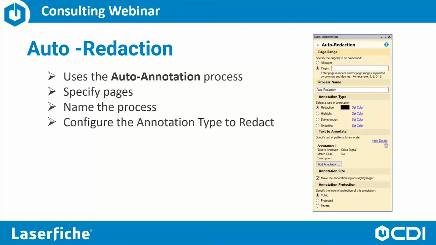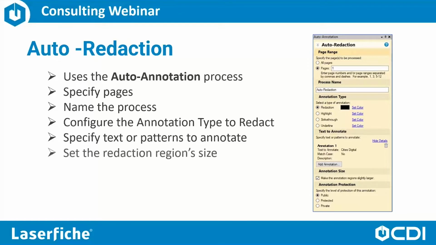We're going to configure the annotation type. We have the options of redaction, highlight, strike through, and underline. We're going to specify the text or patterns to annotate and set the annotation's region size. We can also specify the protection level of our annotation.